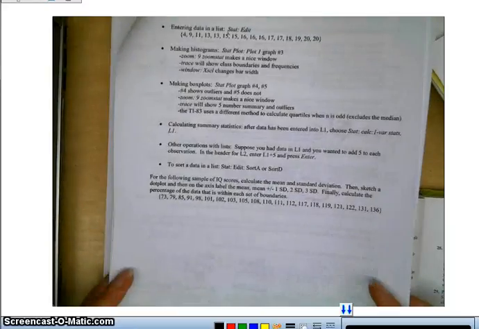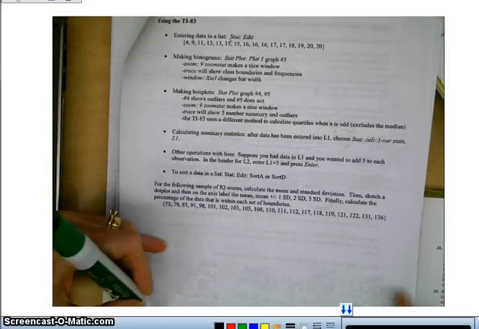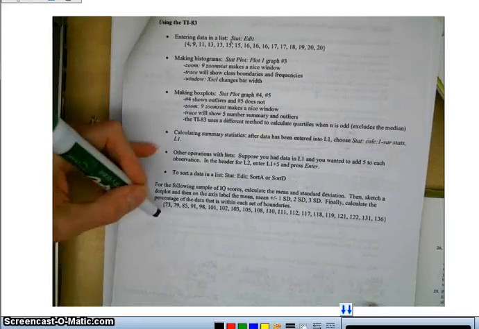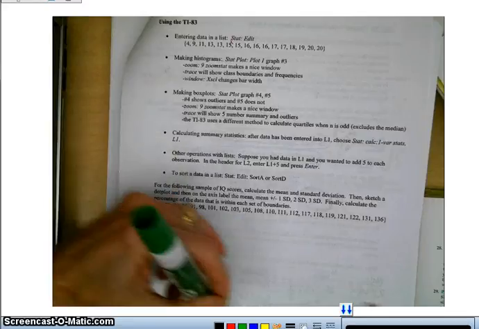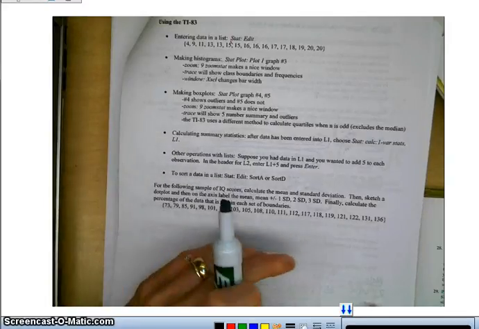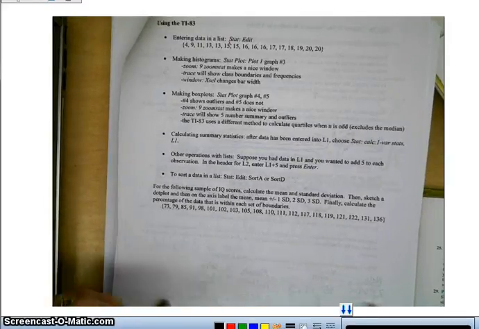This page that we did, when we took the data and figured out how much of the data was within 1 standard deviation of the mean. From your notes, page 44, you should have had it written down.